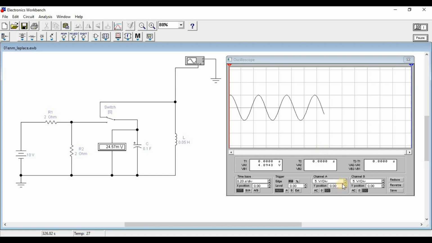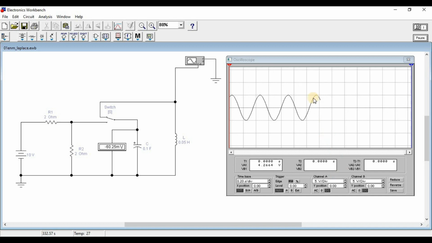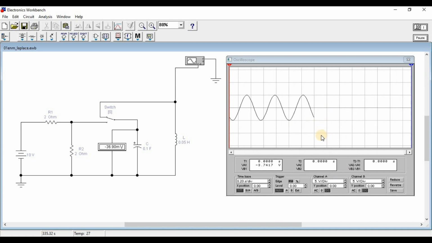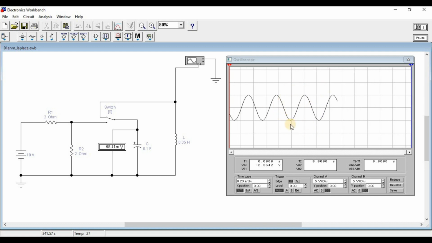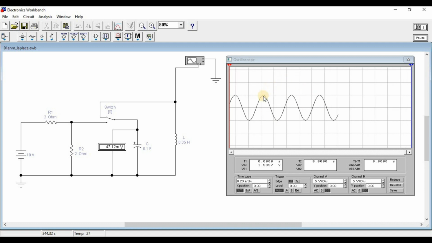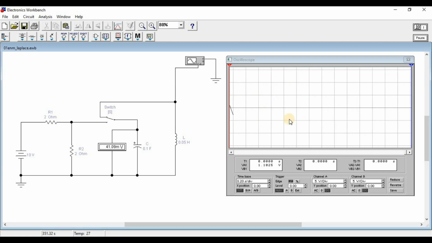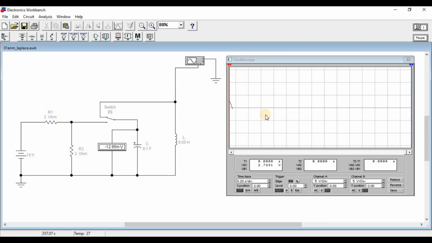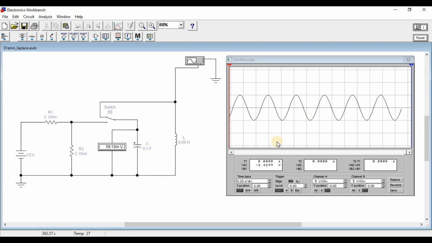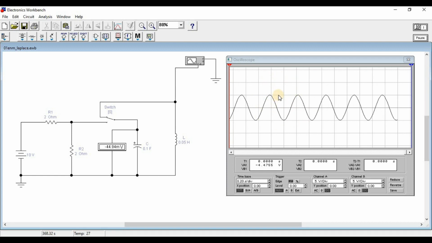So 1 division times 5 volts per division is 5 volts. So the amplitude of the waveform is 5 volts. And we can also notice that the amplitude of the signal does not seem to have any attenuation, and it is due to the absence of any resistance in the circuit.